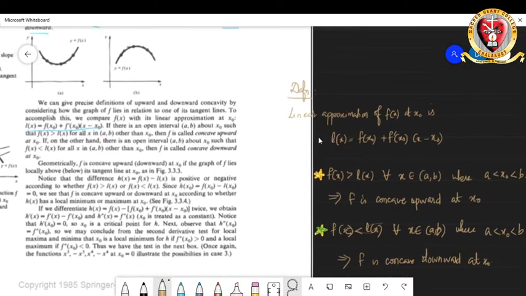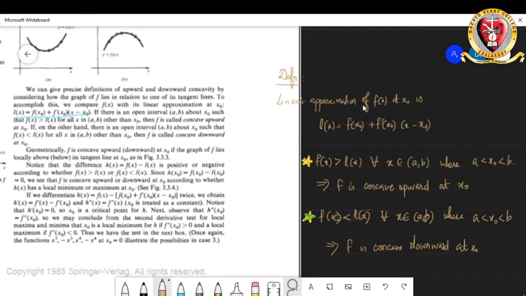And we already discussed linear approximation in the earlier sections. Suppose you have a function f of x. You talk about the linear approximation of f of x at x naught, call it L of x, which is equal to f of x naught plus f dash of x naught into x minus x naught. Suppose f of x is strictly greater than L of x for every point inside an open interval AB, where AB contains the point x naught.